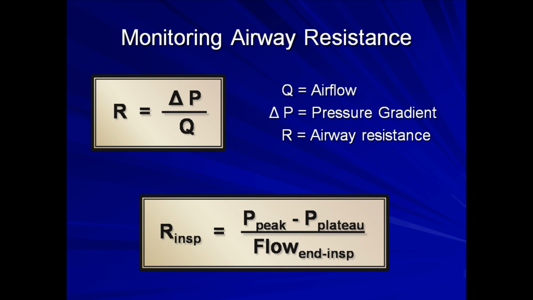You may have noticed that this equation yields the airway resistance during inspiration. Unfortunately, there's actually no simple means to measure resistance during expiration, despite the fact that expiratory resistance is usually more clinically relevant.